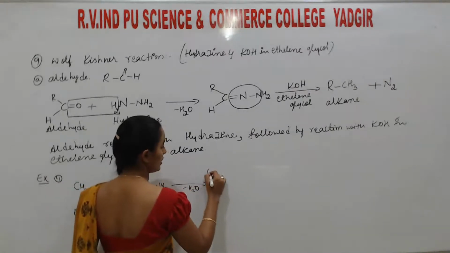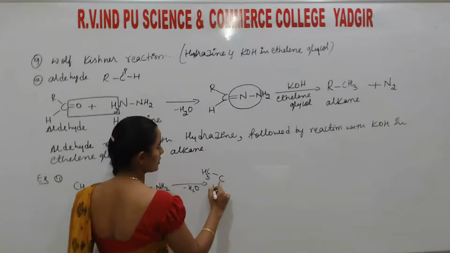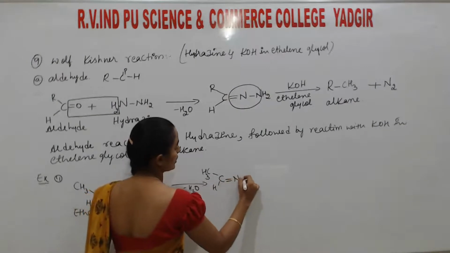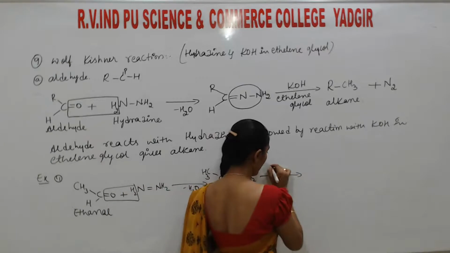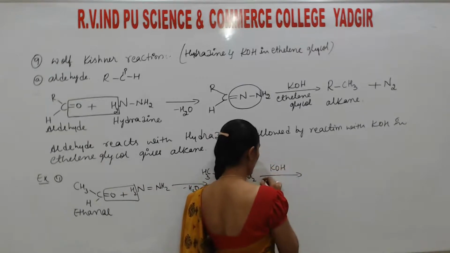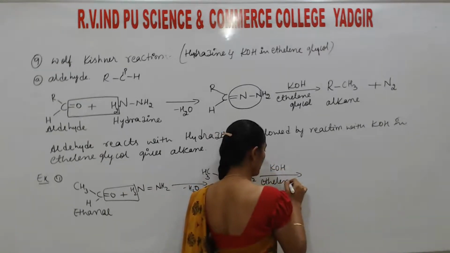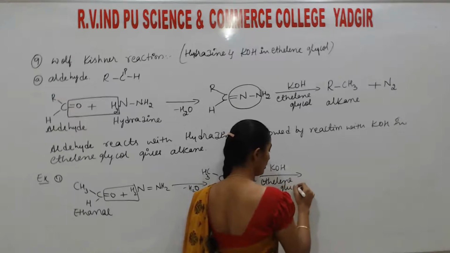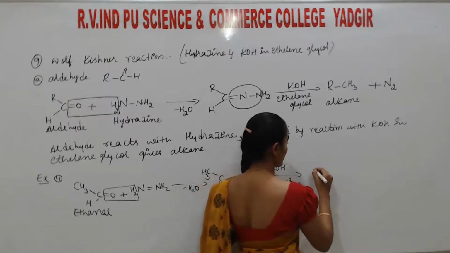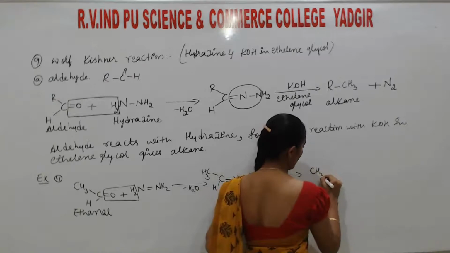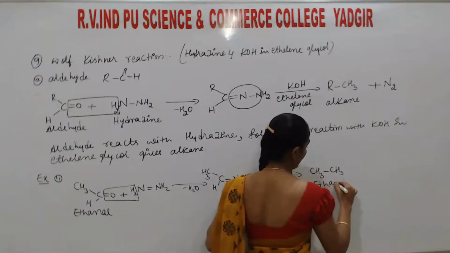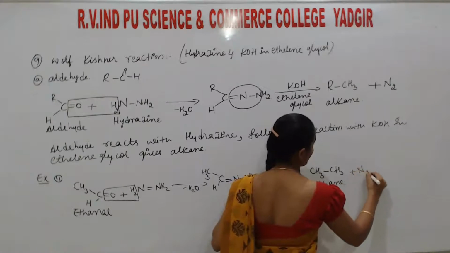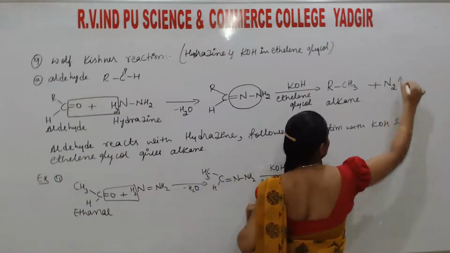So here R is replaced by CH3 and the remaining is the same. This is the imine group. Followed by reaction with KOH in ethylene glycol gives CH4 plus N2.